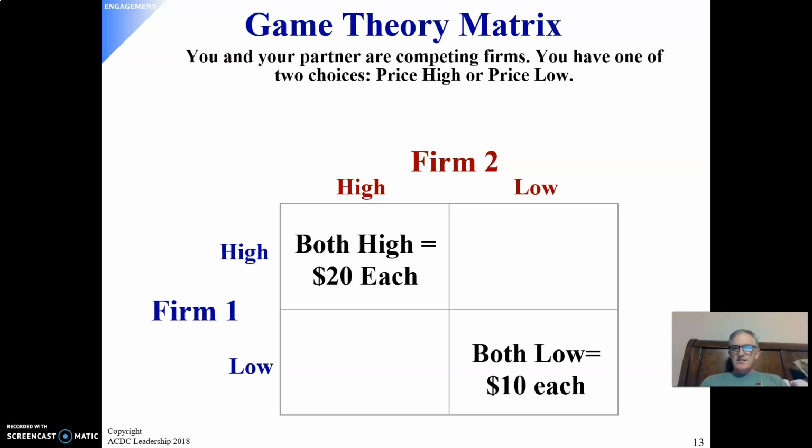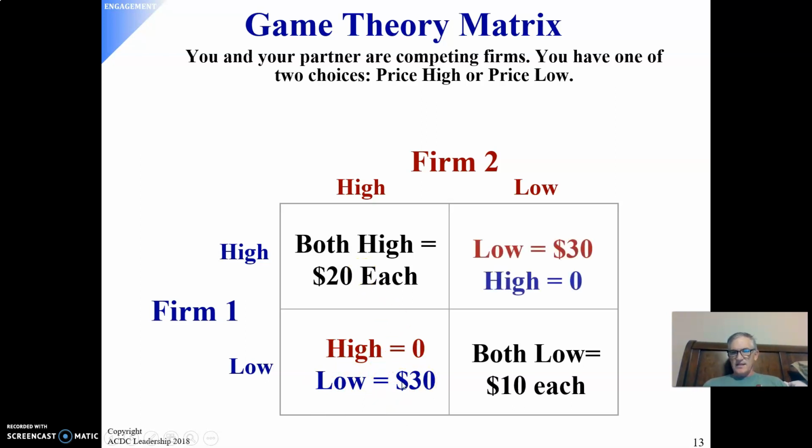However, there's an incentive for both of you to cheat on that agreement should you make it. If firm one priced low and firm two went high, then firm one would end up making $30 profit instead of 20. Same scenario on the other side: if firm two were to go low and firm one were to go high, then firm two would make $30 profit.